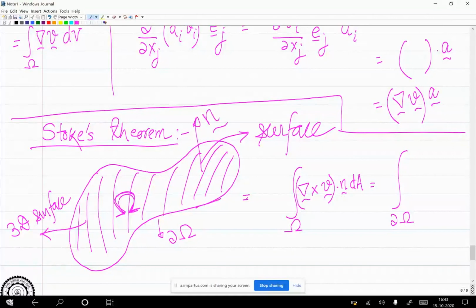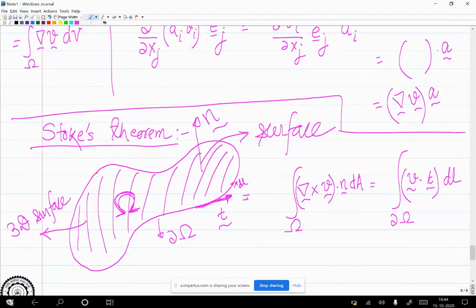And let us think of this T here, tangent to the boundary. This is equal to V dot T dl, where dl is the small element along the boundary curve, and T is the tangent.